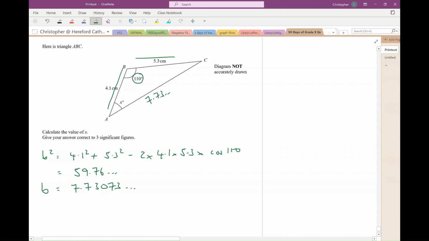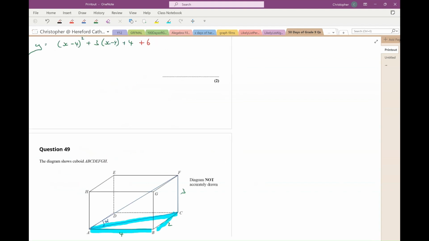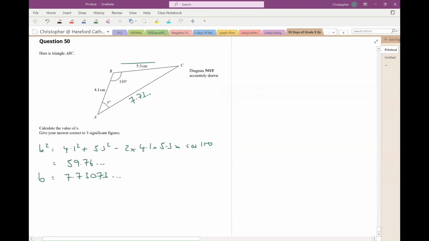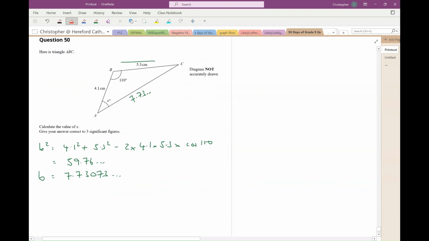So now can I just use the sine rule? I don't see why I shouldn't, because I can simply say sine of x over 5.3 equals the sine of 110 over 7.73 and so on.